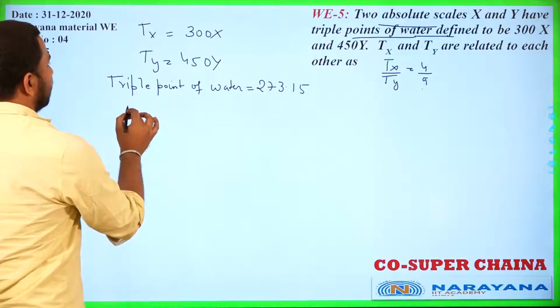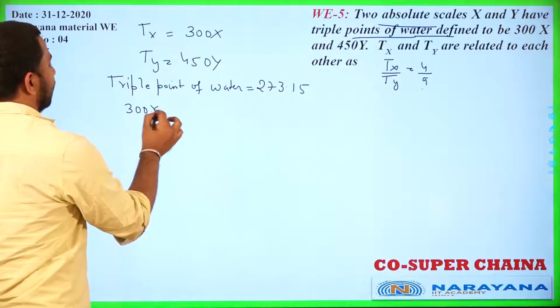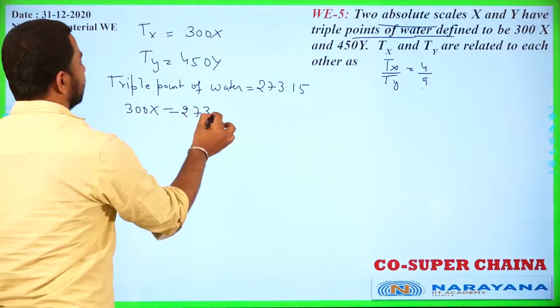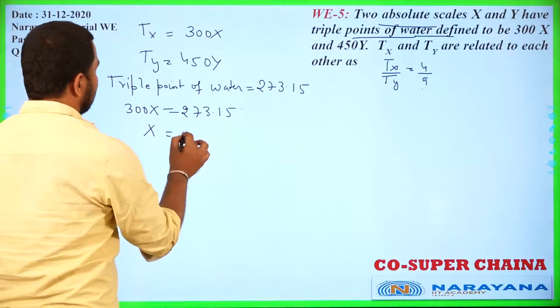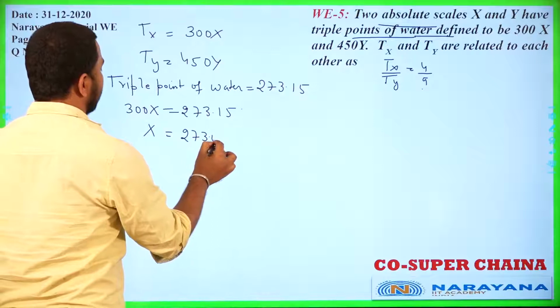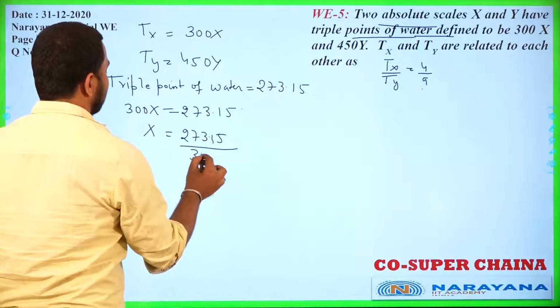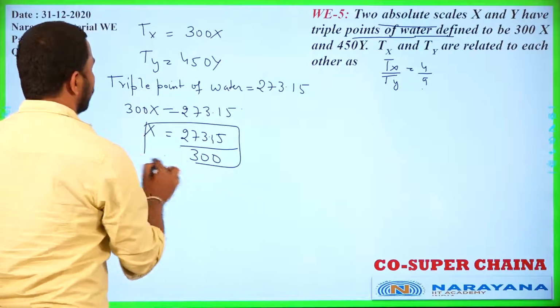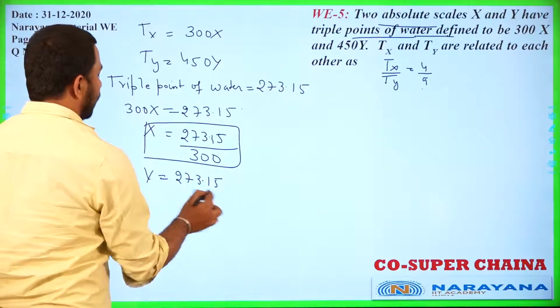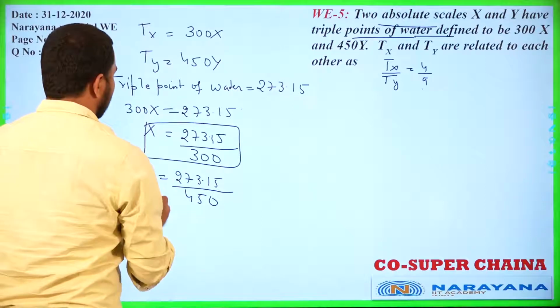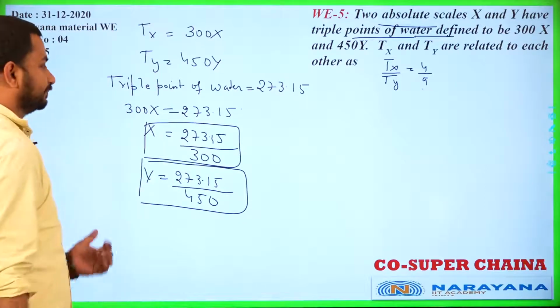Now we can equate 300X to 273.15, so X will be 273.15 by 300. Similarly, Y will be 273.15 by 450. Okay, X and Y we got.